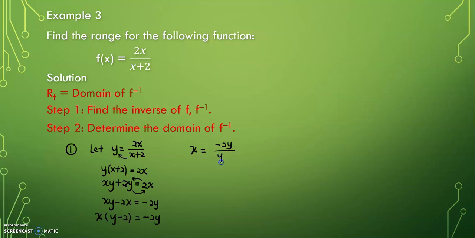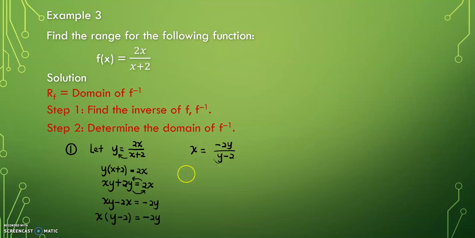over y minus 2. So we start with y, and then I solve for x. Or I can say that I start from y, I end with x. So you have to be careful from here. This fraction must not consist of x.